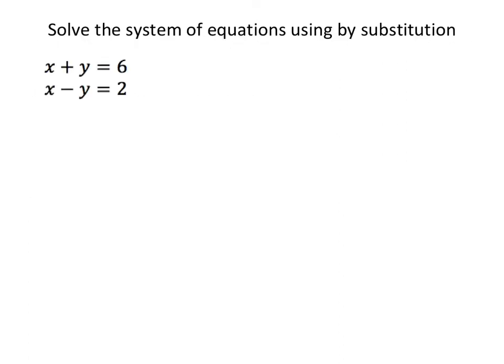Our first example: x plus y is equal to 6, x minus y is equal to 2. When we are solving systems of equations using substitution, we want to solve for one of the variables in one of the equations. I like to name each of my equations because it's important that we use both of our equations.